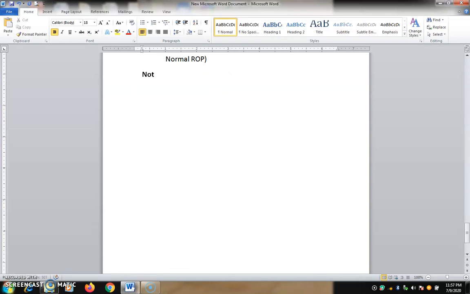So note, normal reorder period is equal to maximum reorder period plus minimum reorder period divided by 2.